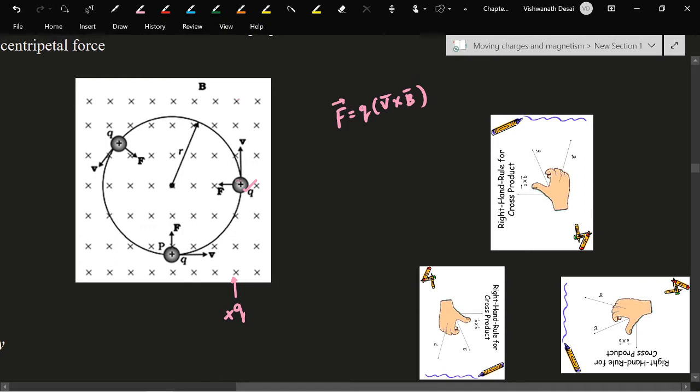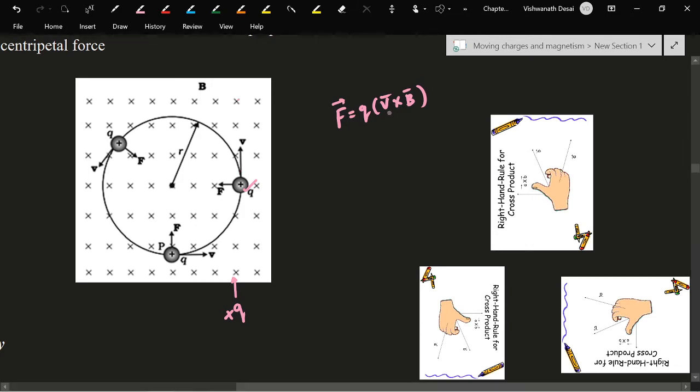As a result, it just deflects. In which direction does it deflect? The direction of deflection of the charged particle is given by the right hand rule, right?